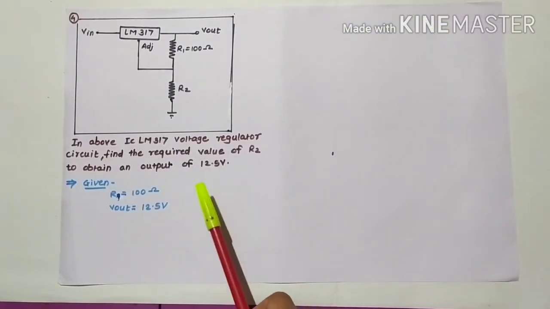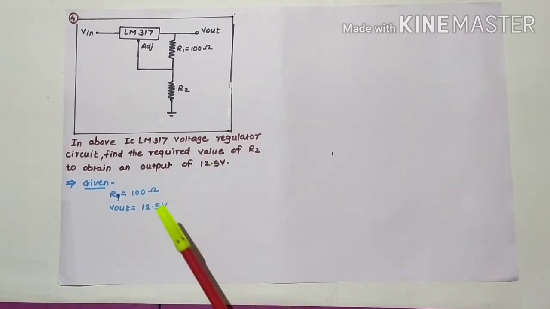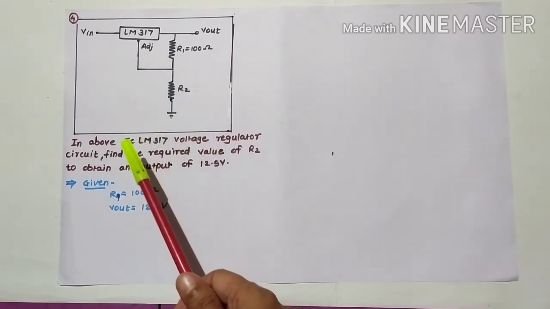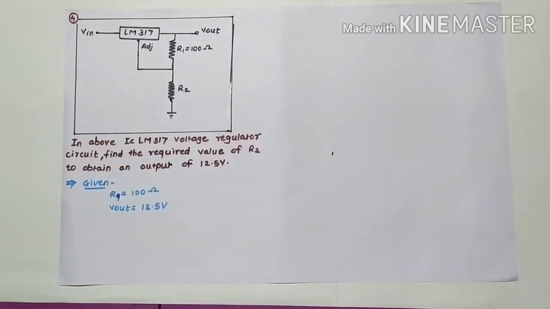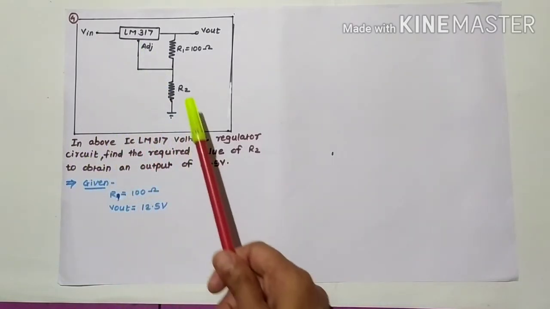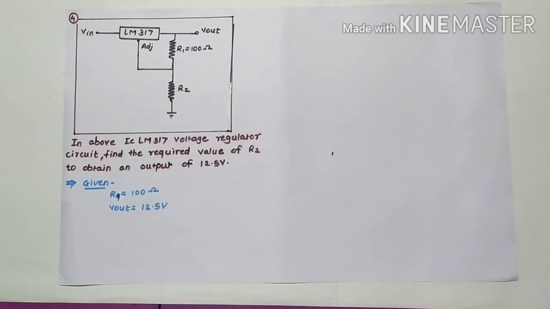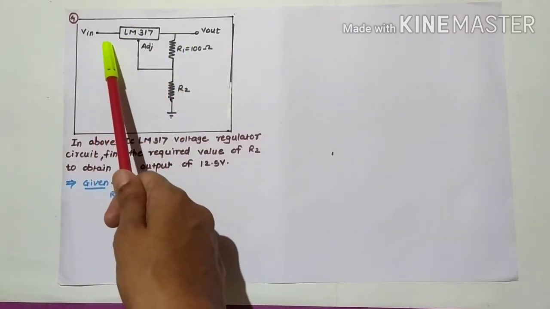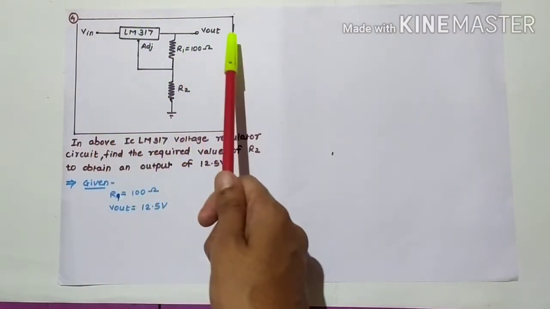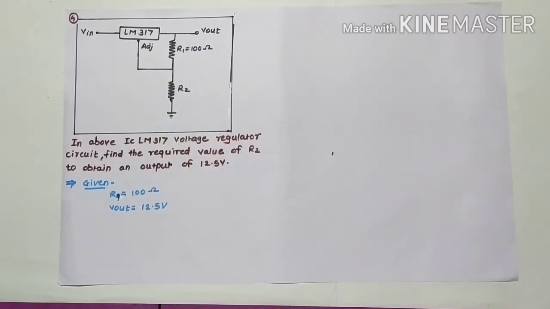This is quite a different problem than the Zener voltage regulator. This diagram is also different. This is the LM317 adjustable voltage regulator. The value of R1 is given, it is 100 ohm. Input is applied to one pin, output is taken across the next pin, and this is R2.